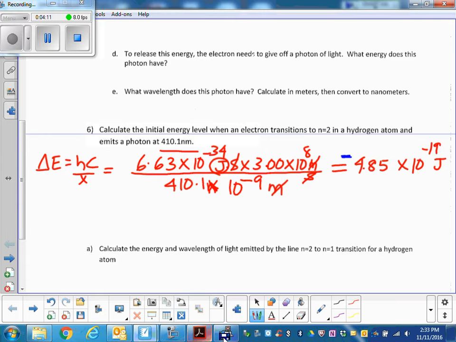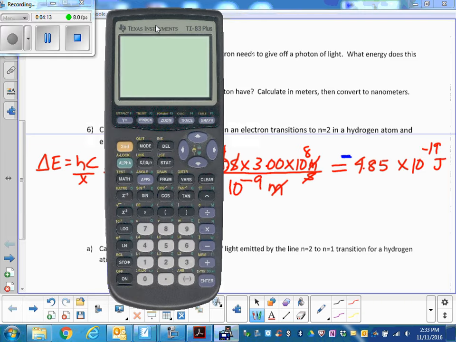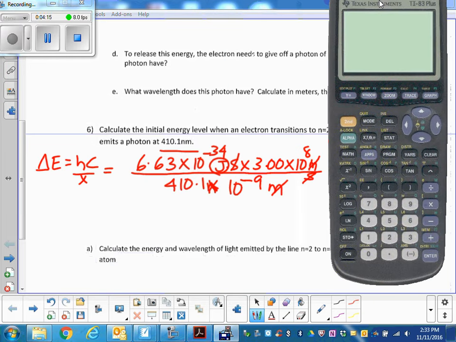Here is how I plugged my numbers into my calculator. 6.63, to the negative 34, is that right?